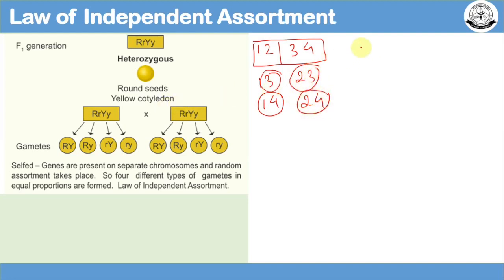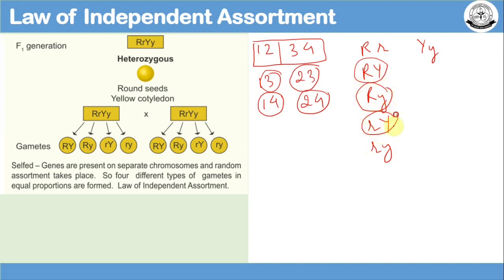Similarly they did R and Y. So different combinations of R and Y. So combination 1, combination 2, combination 3, and combination 4. Right, so you can see different combinations: 1 2 3 and 4, dominant recessive, recessive dominant, recessive.